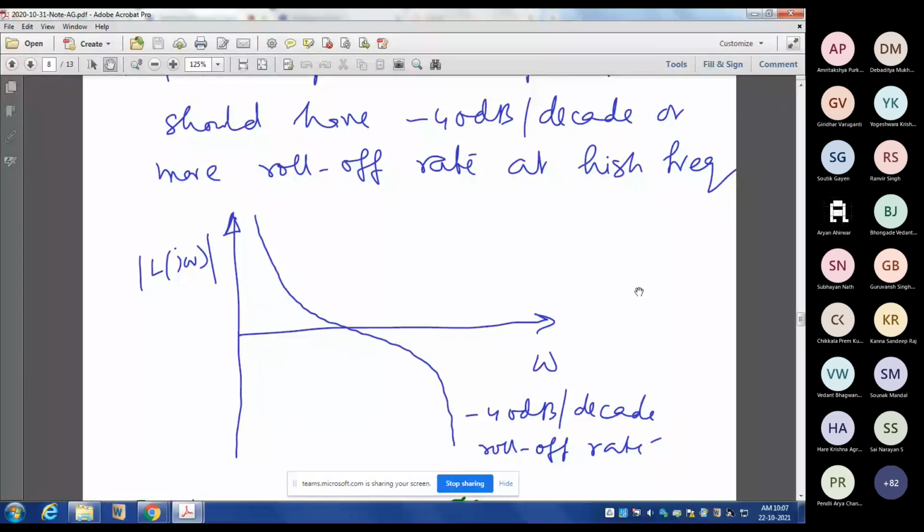L is always low at high frequency because of low pass behavior. Low gain at high frequency is needed in order to have less complementary sensitivity peak. So far, have you understood?